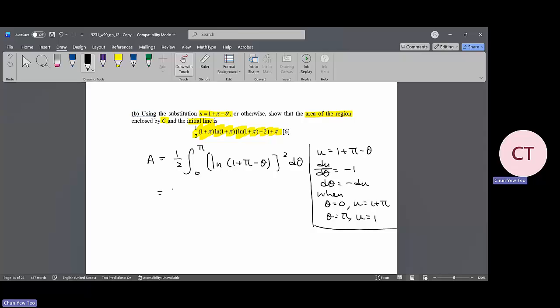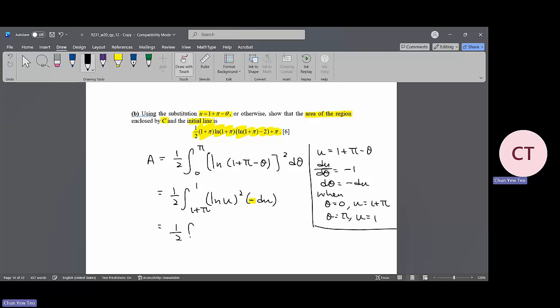By using the substitution that we have calculated, we can change the 0 here to become 1 plus pi, and this becomes 1. This one becomes ln u bracket square, negative du. The negative over here we will need to make positive.